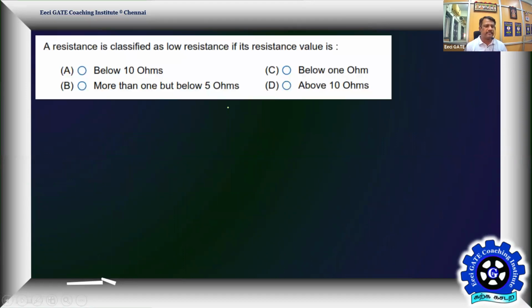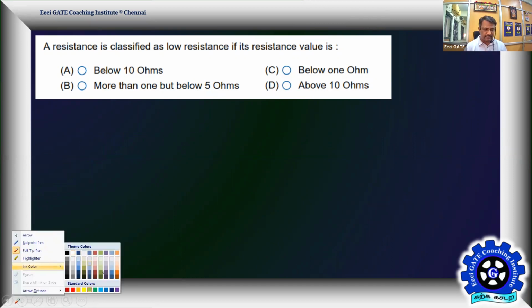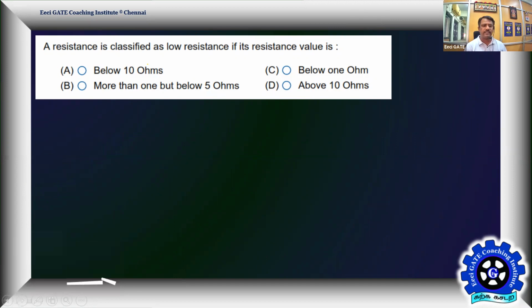Next problem: a resistance is classified as low resistance if it is of value less than 1 ohm.